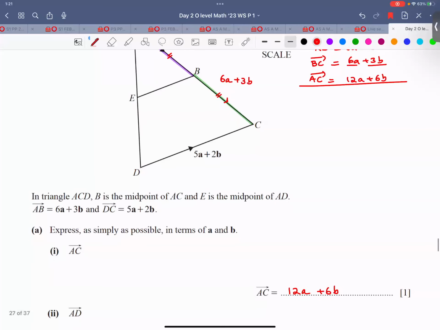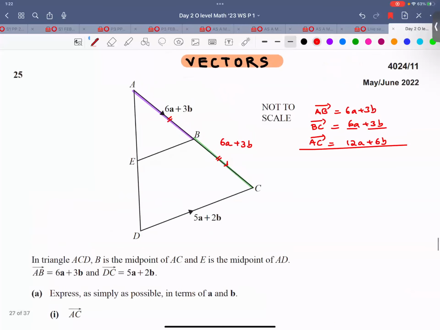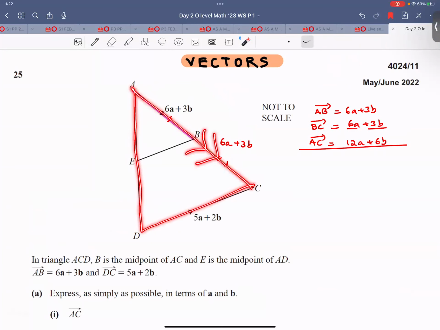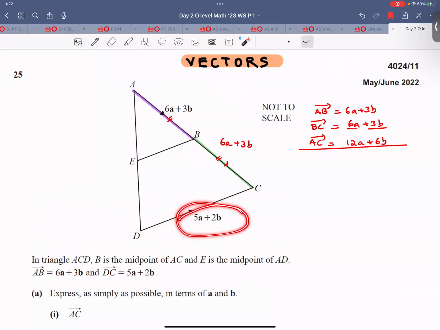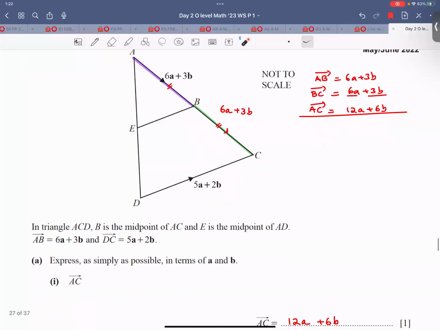Now, the second thing is about AD. We have to create a path. A till D, D till C, that is the same thing as A till C. That's one approach. The other approach is AC plus CD, where CD will be the negative of DC. AC plus CD is equal to AD. Any which way, you can work it out. So let me get started with this idea.